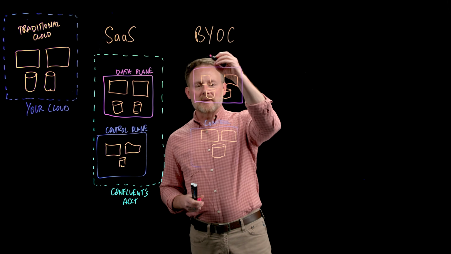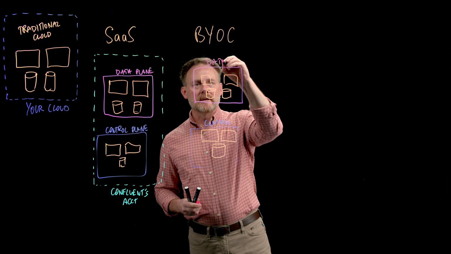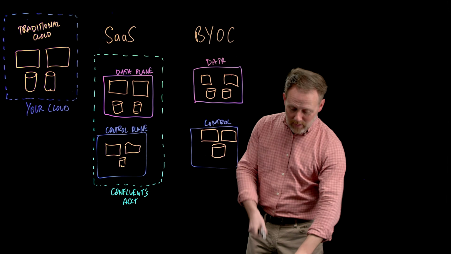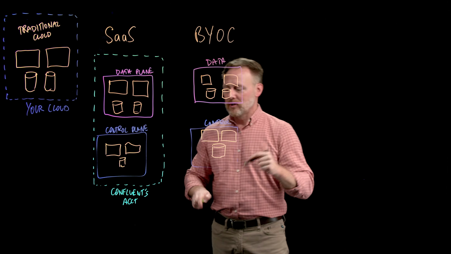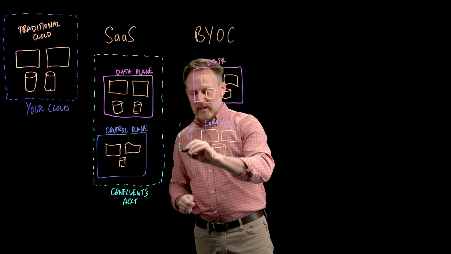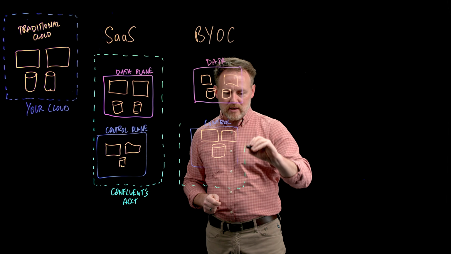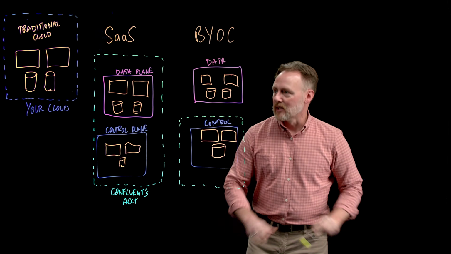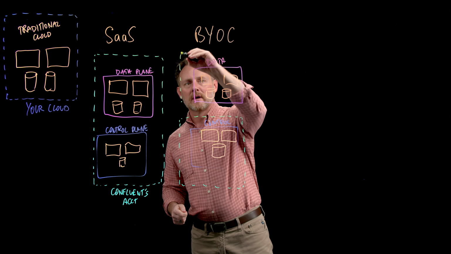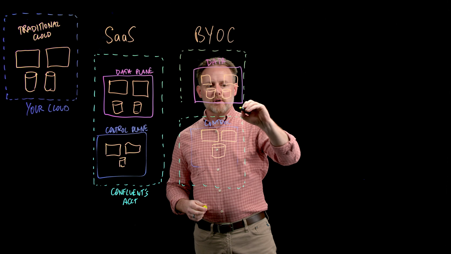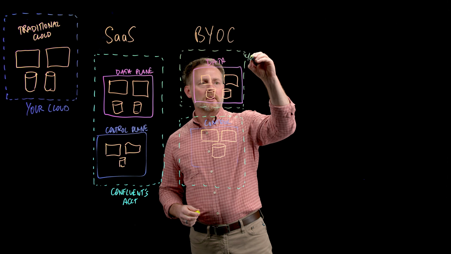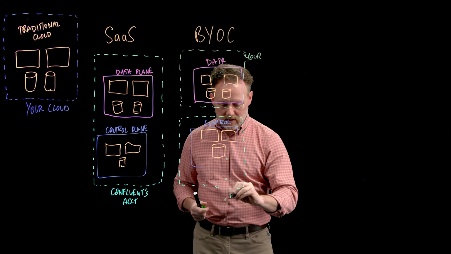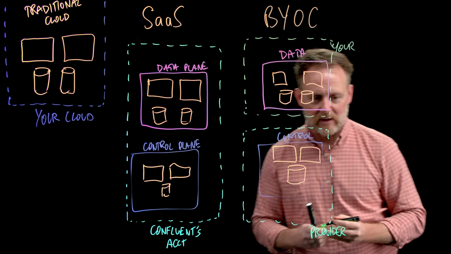So there still is a control plane and a data plane, but what's different is now the control plane runs in the provider's cloud account, and we'll use a new color for your cloud account. So this is your cloud, and this is the provider's cloud account. So we split them up.